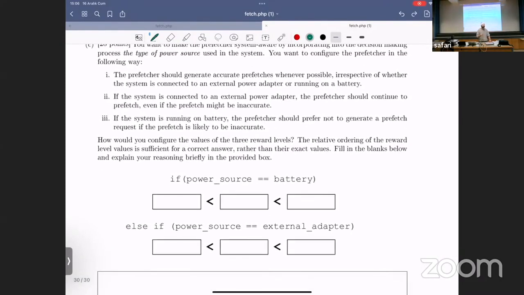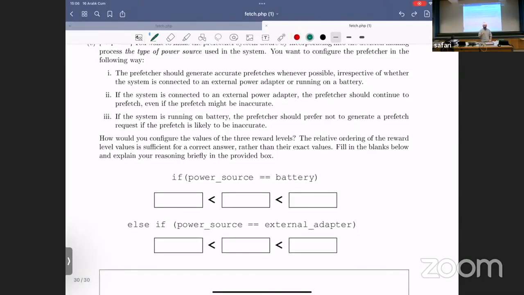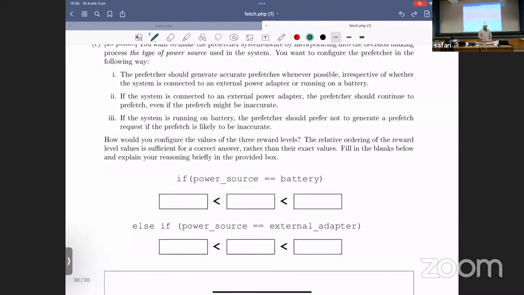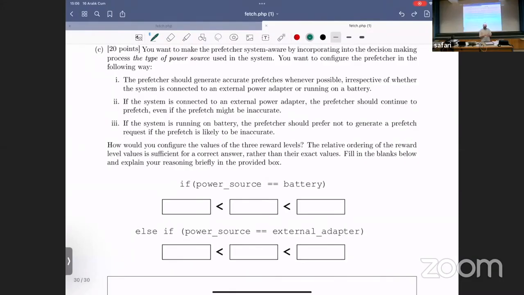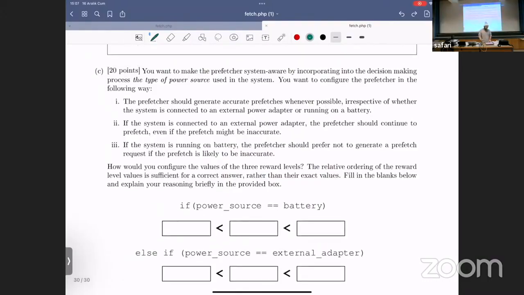So if this is the case, which R value should be the highest? If we always want to be the most accurate possible, which R value? Correct. So RA, which I cannot write on the right part, is the correct one and needs to be the highest of all because we always want super accurate prefetches, right?